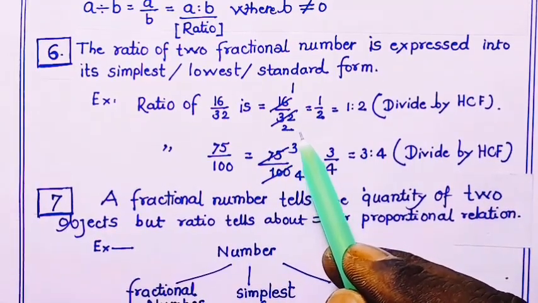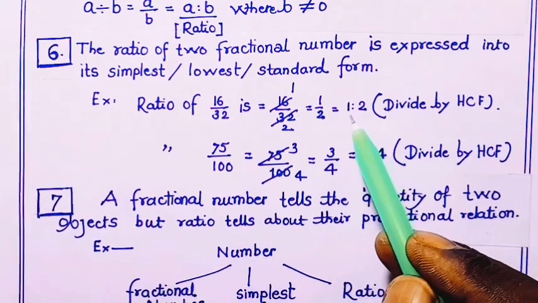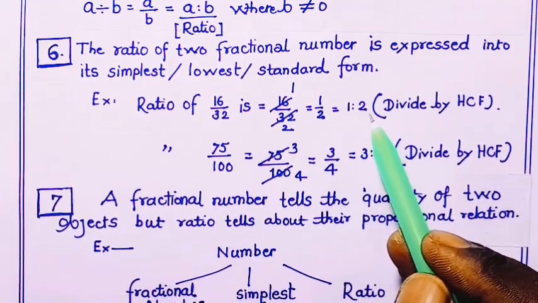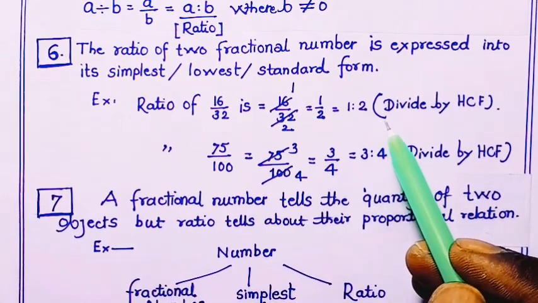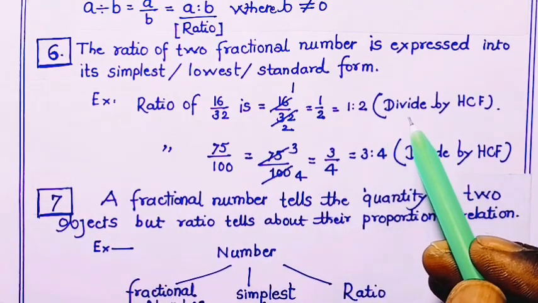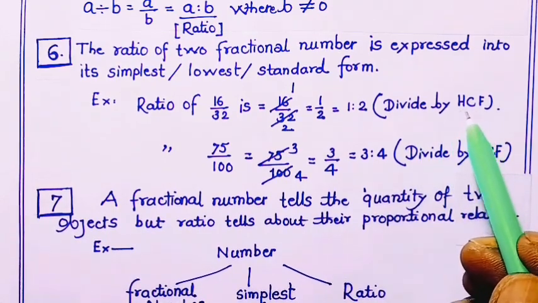After cancelling this number, we find 1 by 2. So 1 by 2, 1 to 2 is the number of ratio, and both the numbers have been cancelled by their HCF.